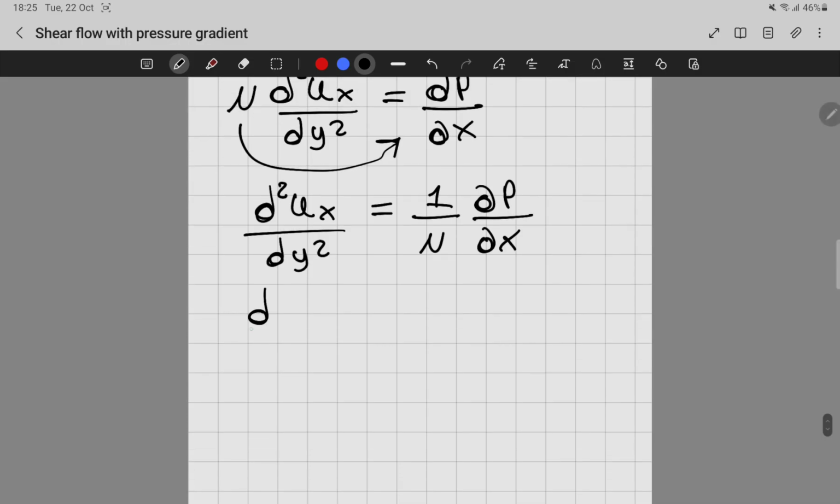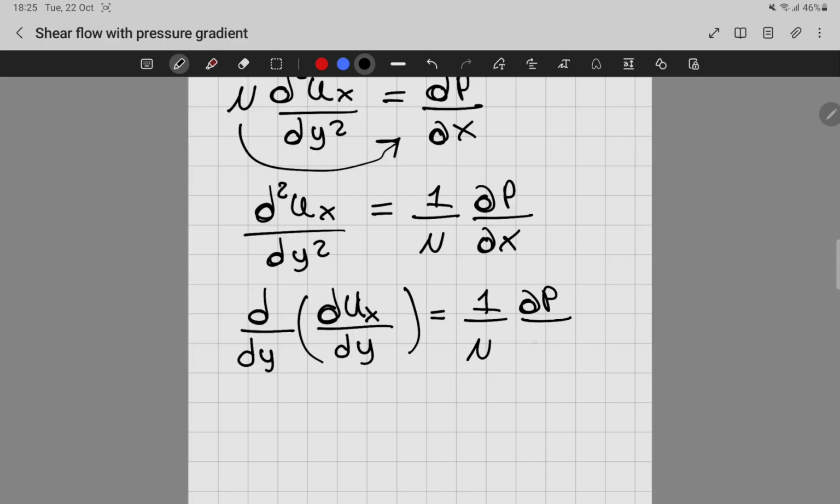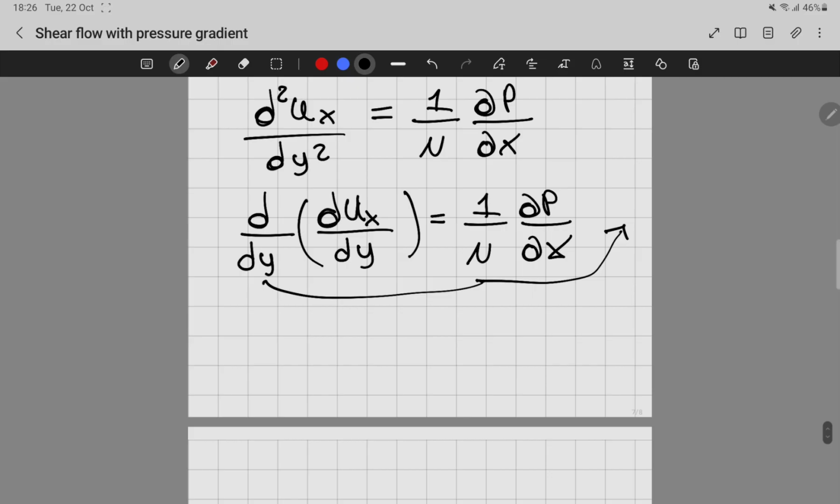And now let's split this derivative as follows, and this derivative can be passed to the right hand side.